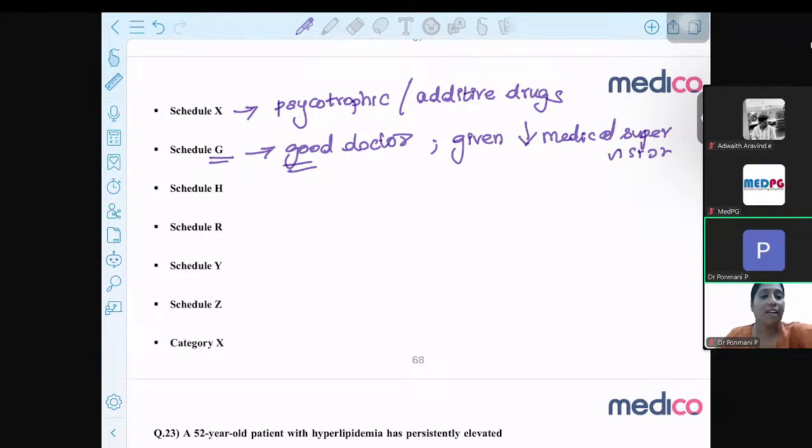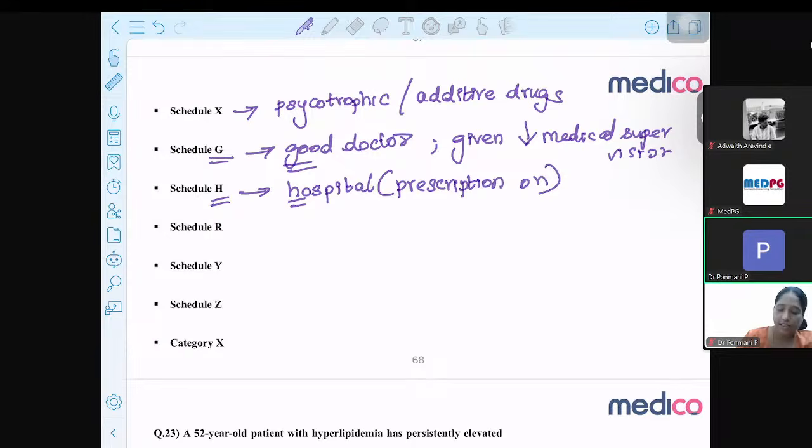So what is Schedule H? Schedule H means it should be given, H stands for hospital, please remember. That is, only under prescription drugs. Only on prescription these drugs should be prescribed. And what does Schedule R stand for? Schedule R stands for the contraceptive standards.